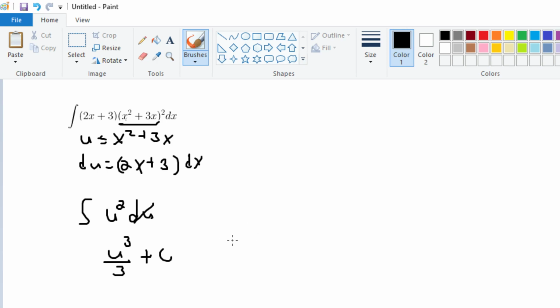So our u was x squared plus 3x, so we have x squared plus 3x, and that is over 3. See, u is divided by 3, and u is raised to the power of 3. Okay? So this is our final answer right here.